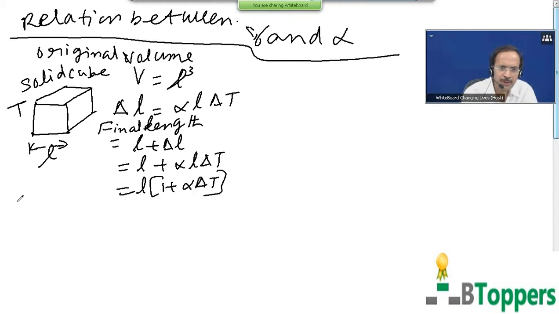So the increase in the volume is denoted by delta V. So V is the original volume and delta V is the increase in the volume.